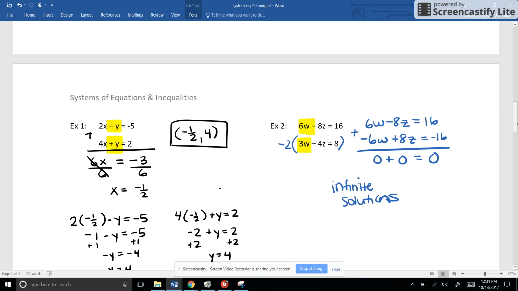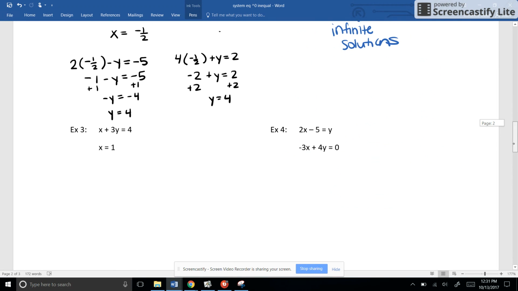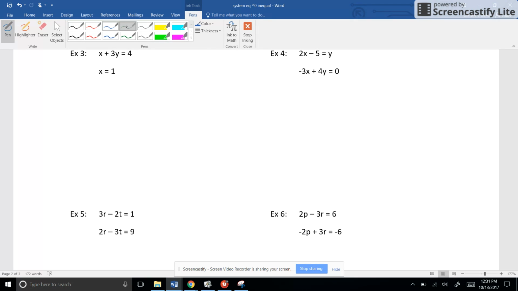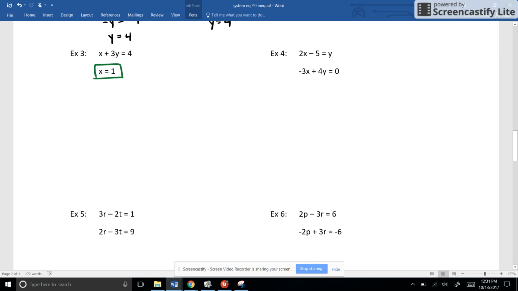All right. Let's do another one. In this one, number 3, I'm going to go ahead and use substitution. So if x equals 1, then everywhere I see an x, I'm going to put a 1. This isn't set up like the other ones.